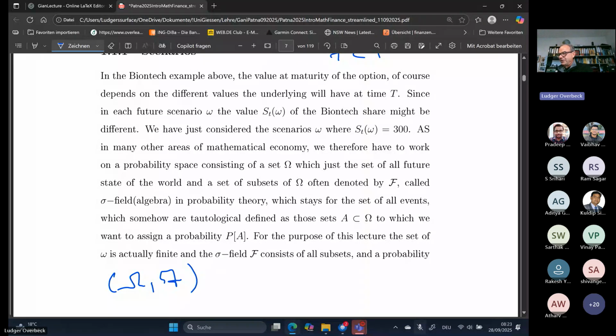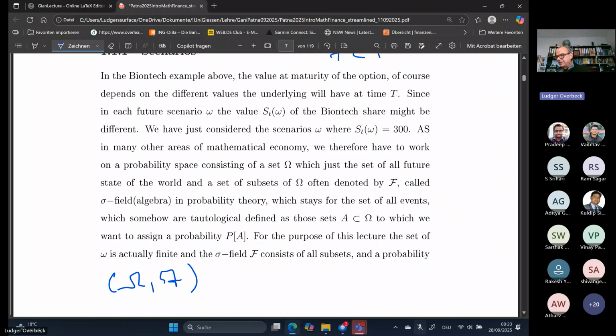And now the economists always say small omega, an element of capital Omega, is the state of the world or a future scenario. Depending on the state of the world, of course, the value of the underlying share, in our case the BioNTech share, is different. We have just considered the example where S_T of omega equals 300, and another one where it was 100, where the value was nothing, 0, at time capital T.